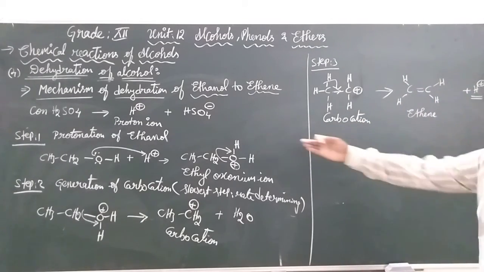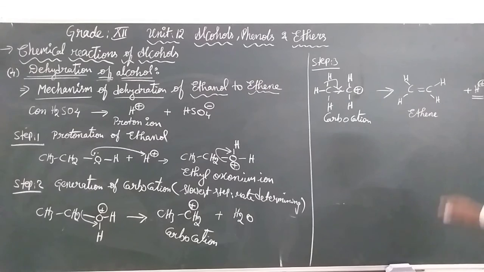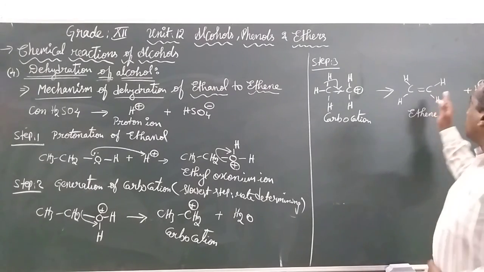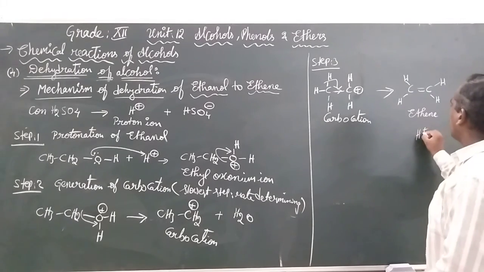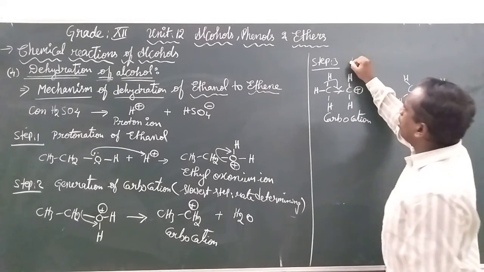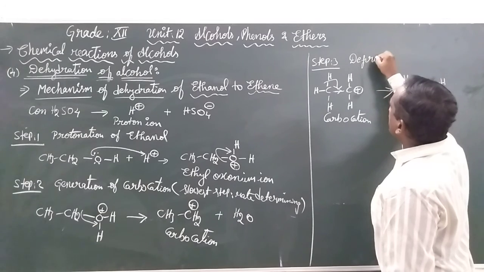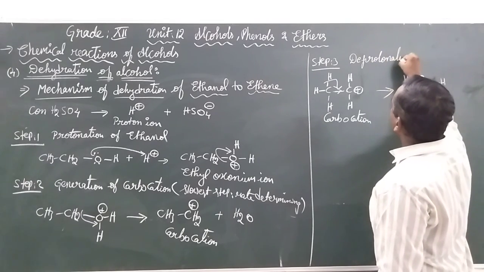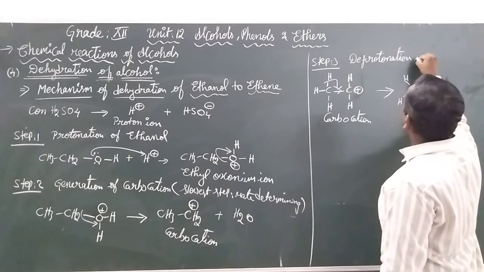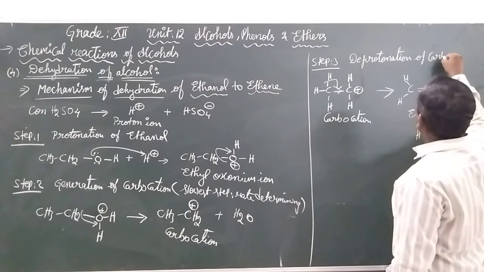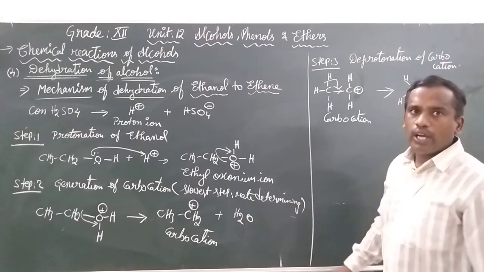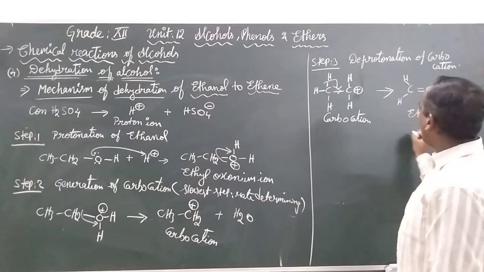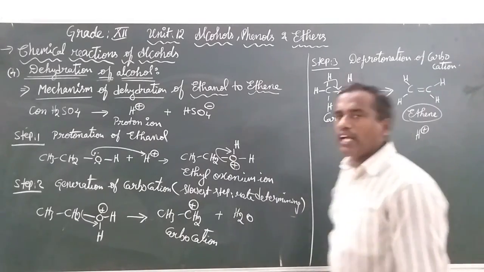So the H plus that we had added initially was eliminated. The step in which the H plus was removed is called deprotonation of carbocation, to form an alkene, that is ethene.